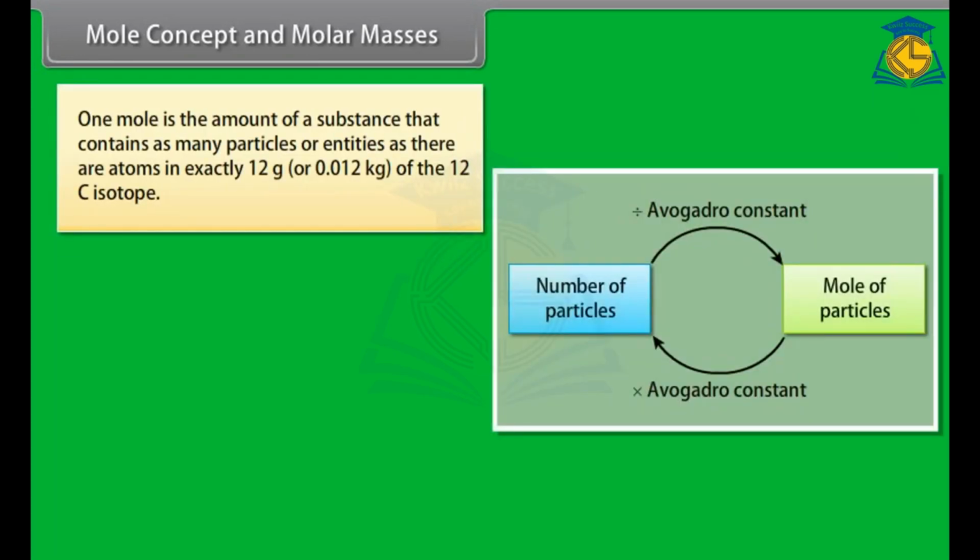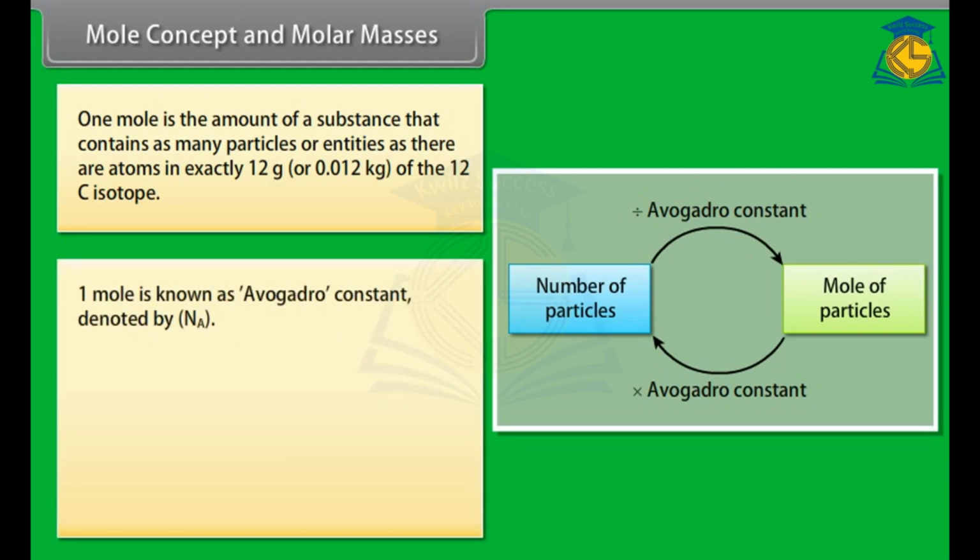Mole concept and molar masses. One mole is the amount of a substance that contains as many particles or entities as there are atoms in exactly 12 grams or 0.012 kg of the carbon-12 isotope.